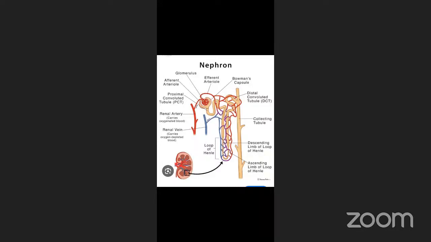Once it gets into the collecting tubule, actually that is just urine, because in the collecting tubule there's also reabsorption of water. So reabsorption of water may continue a bit, and then once it gets into the urinary bladder, that will be urine.